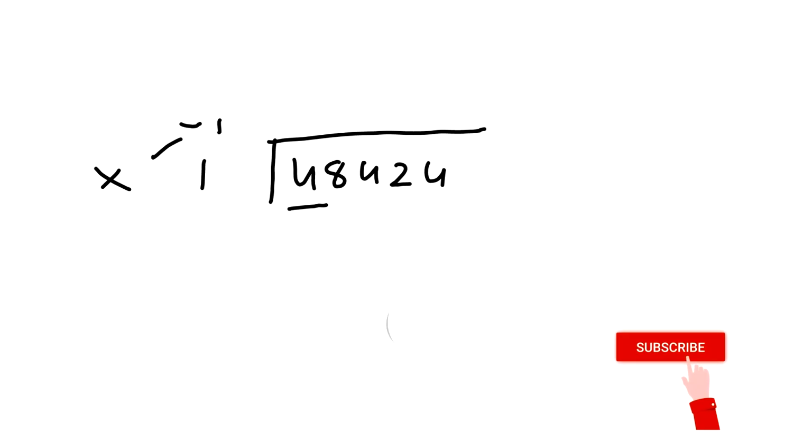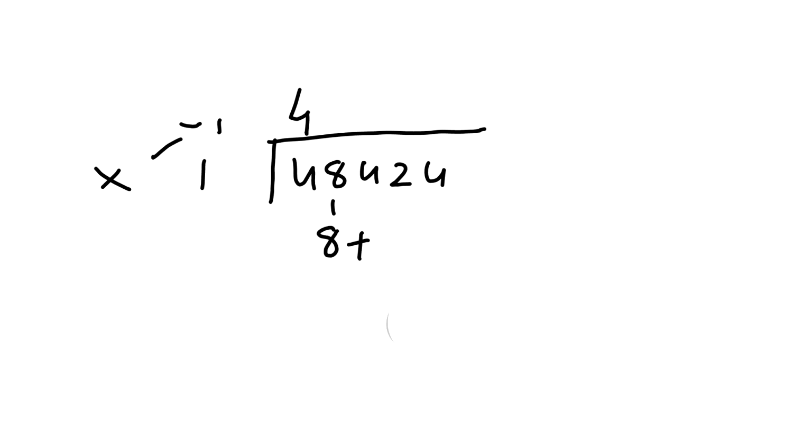The first digit divided by 1, the quotient shall be 4. Okay. The second digit is 8. You have to add the multiplication of 4 and minus 1. That is 4 into minus 1, means 8 minus 4, means 4. Divided by 1, that will give you the quotient of 4.